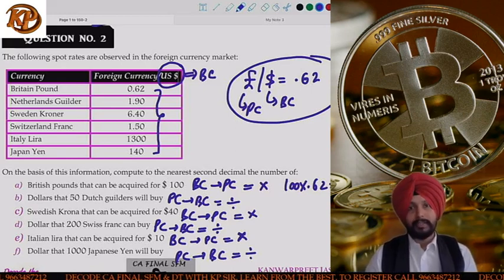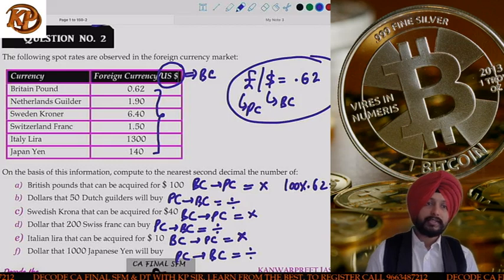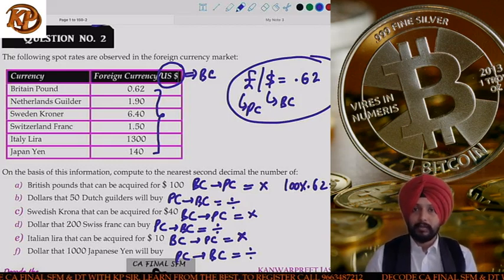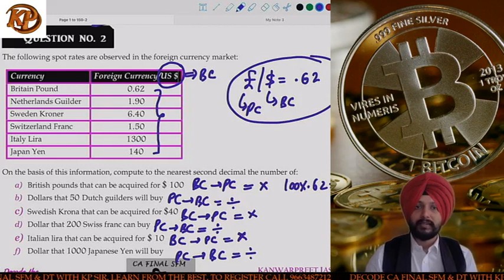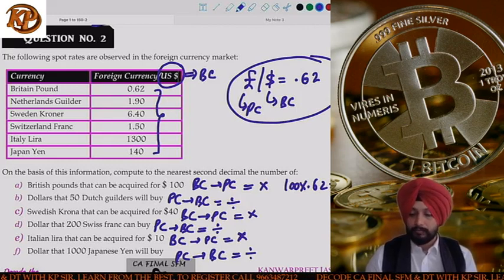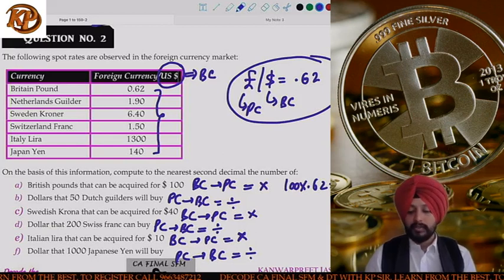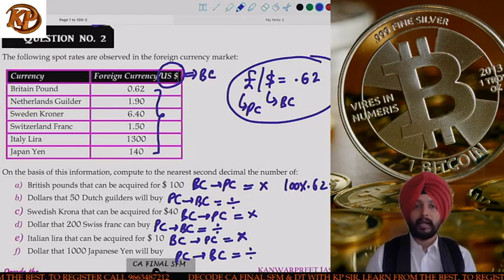That is, dollar is the base currency. Bracket denominator. What is important is that denominator should be the base currency.